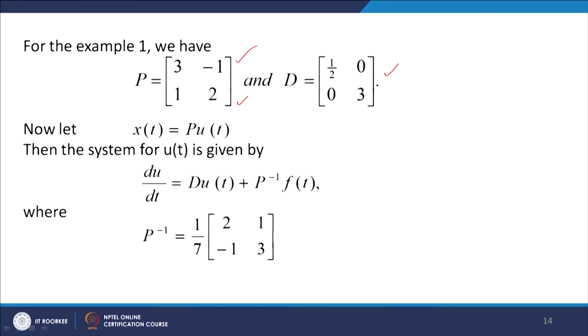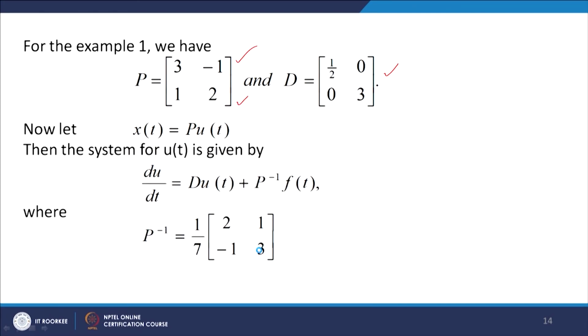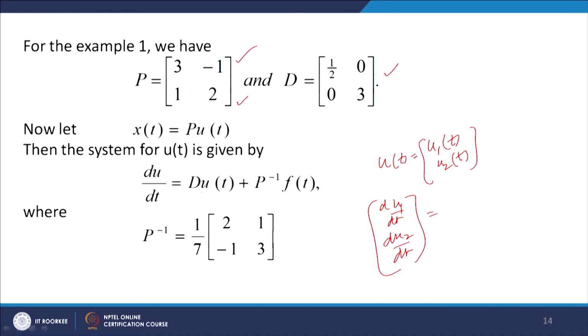Okay. Now, let us say u(t) equals u1(t), u2(t). Okay. So, du by dt will be du1 by dt, du2 by dt. D is your matrix, half 0 and 0 3. u is u1(t), u2(t).